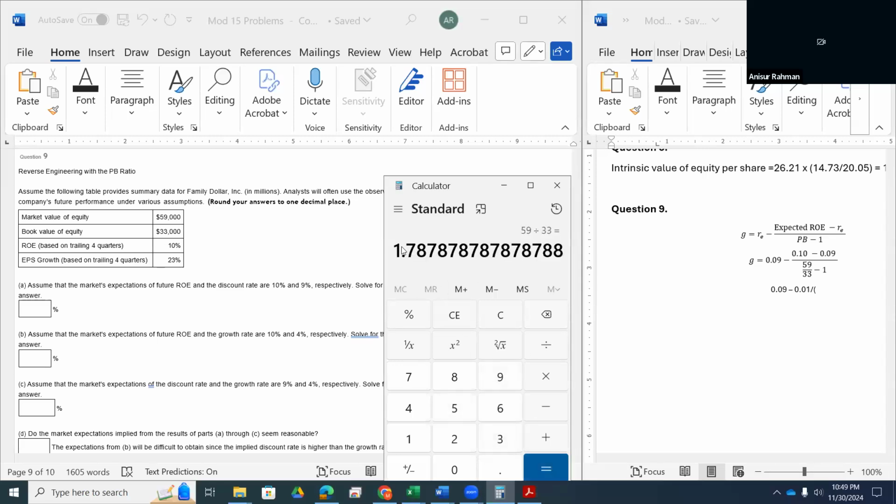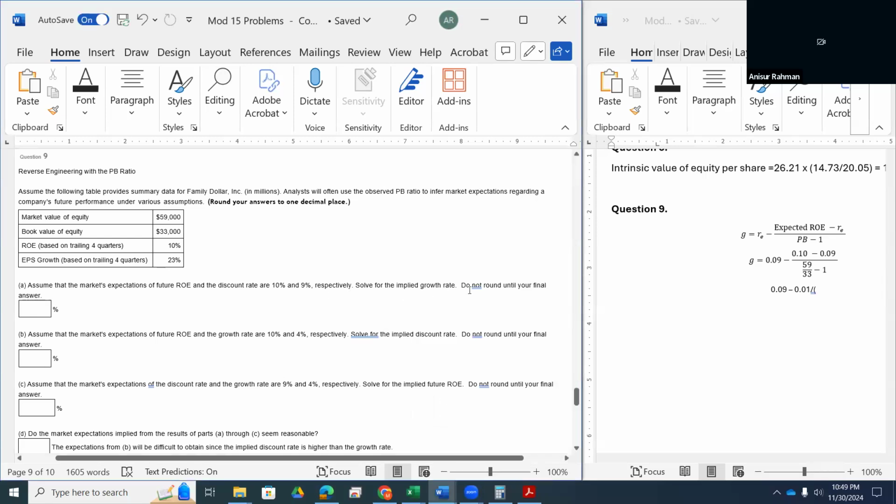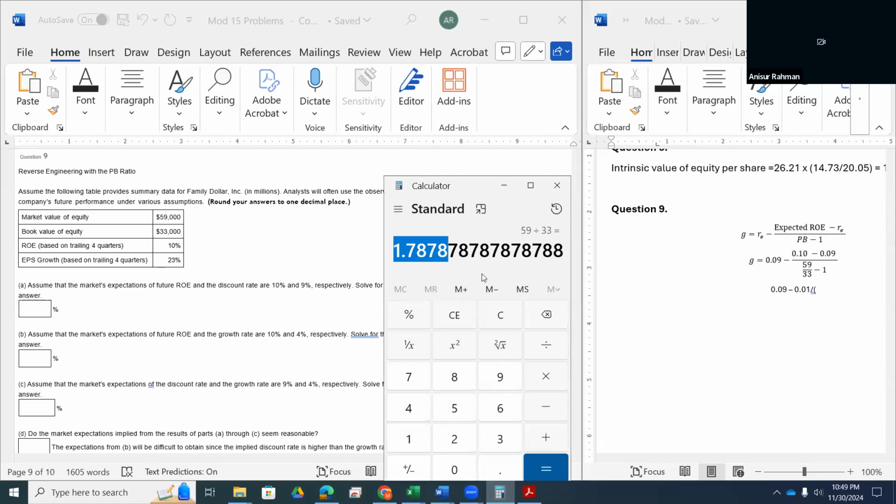I'm going to use up to 4 decimal places, because it tells us not to round. You can also use up to 6 decimals, but I think 4 is good enough. So 1.7879 minus 1, giving 0.7879.